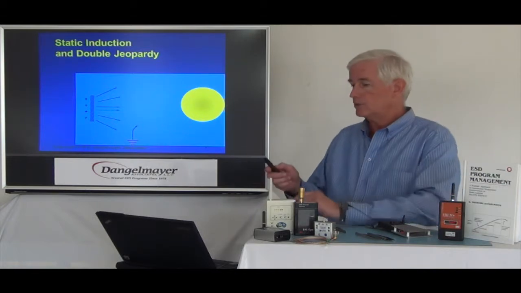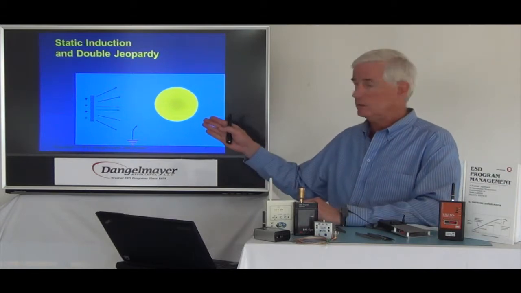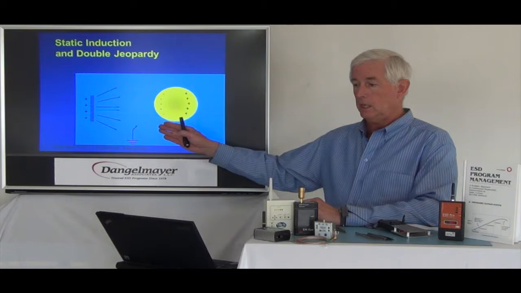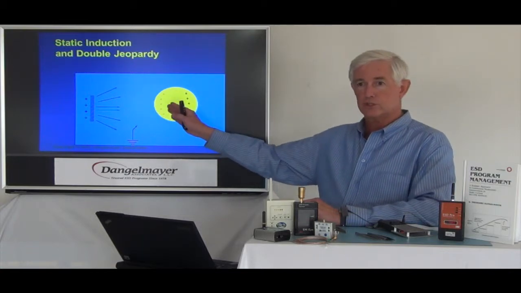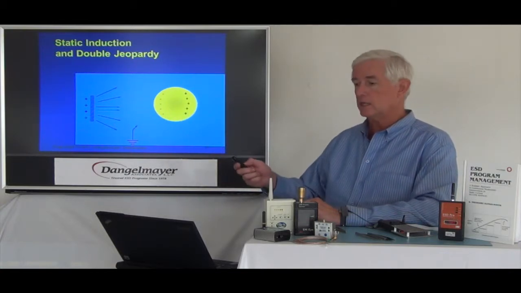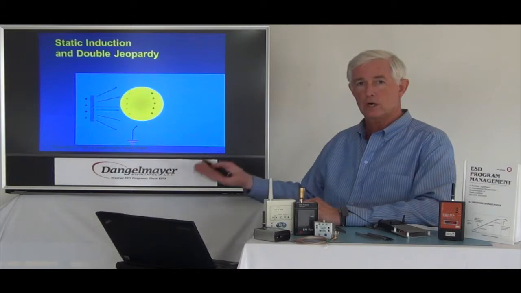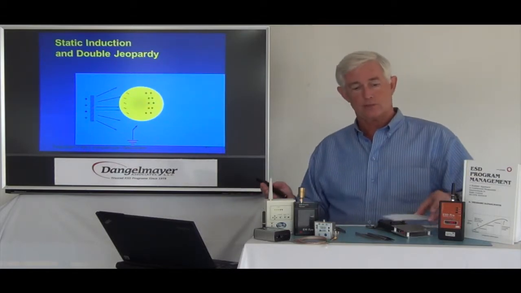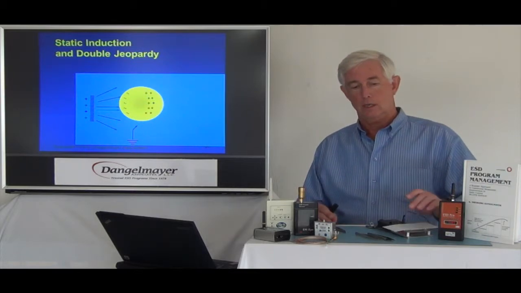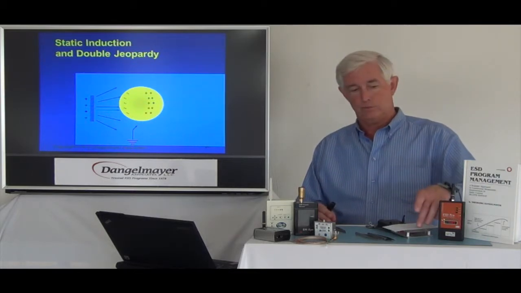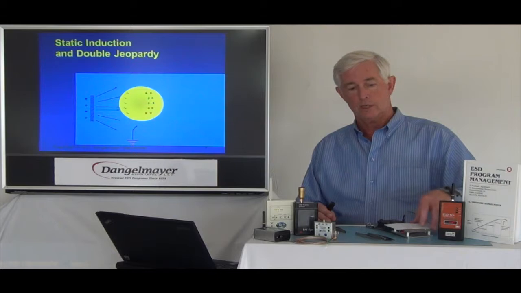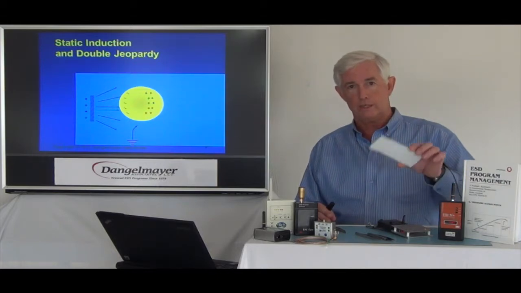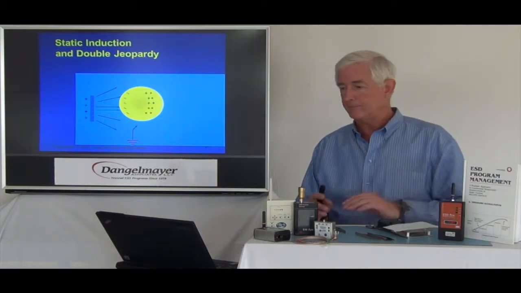So here we go. We bring the two of them together, and as they approach, you start to see the polarization. As they get closer, the charging or the induction gets stronger. That's the same as this stage, where the metal plate was in contact with this insulator.